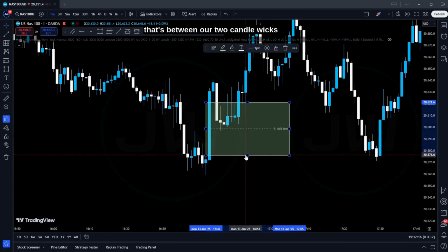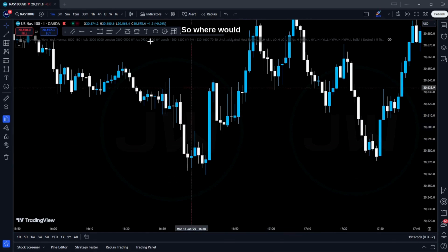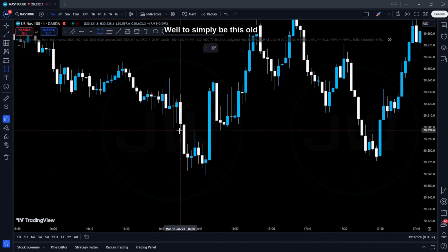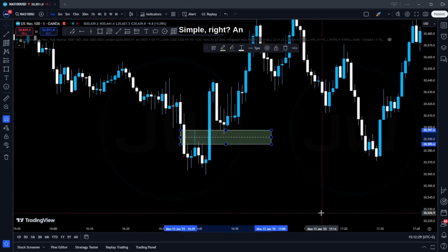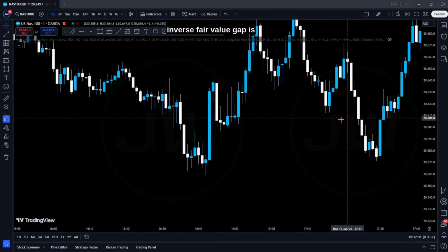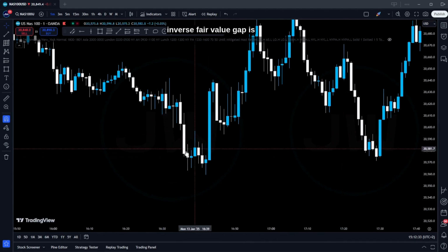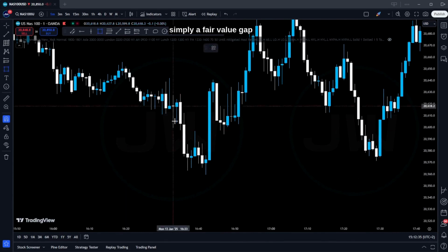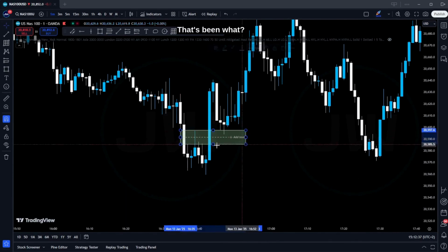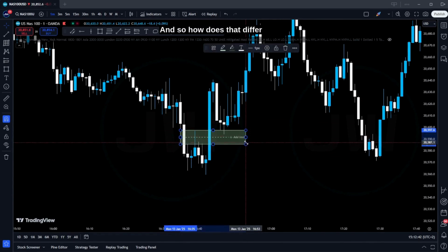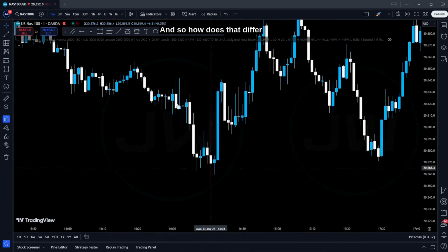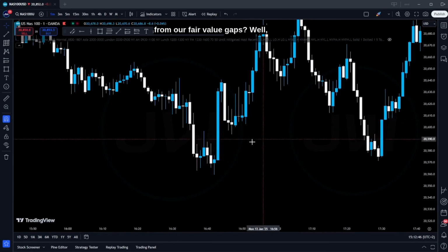The gap that's in between our two candle wicks. So where would our inverse fair value gap be? Well, it would simply be this old fair value gap over here. Simple, right? An inverse fair value gap is simply a fair value gap that's been inversed. We closed over it. And so how does that differ from our fair value gaps?